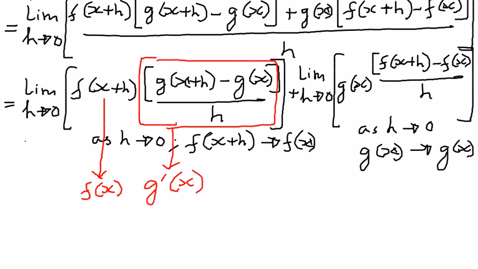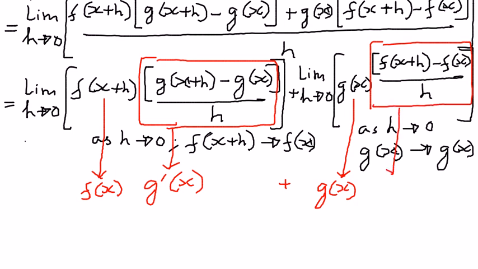And then in the second part here, plus this part, g of x is the same as g of x, nothing changes there. And then this part of the expression, limit as h approaches 0, f of x plus h minus f of x divided by h, this is nothing but the derivative of the function f of x.